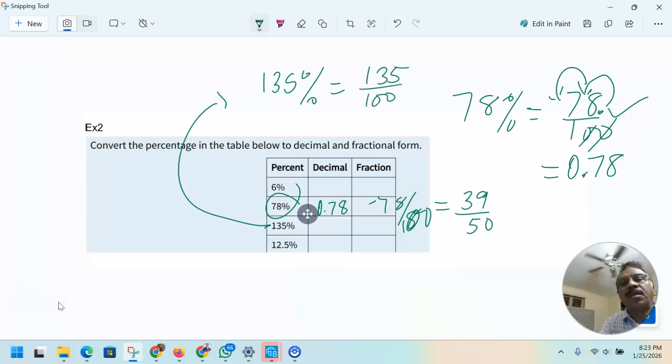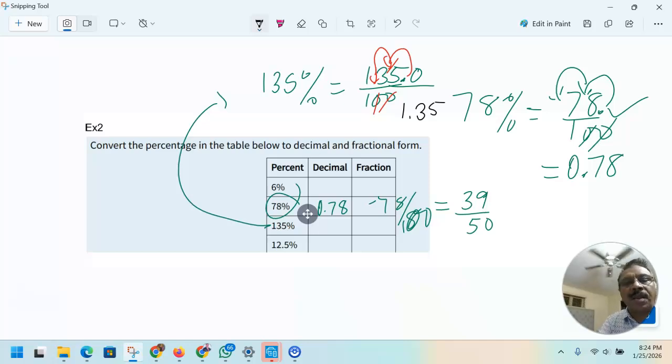This is 135.0. You can clearly see that because you cut off these two zeros, the decimal moves two places and goes right between 1 and 3, and the answer becomes 1.35.